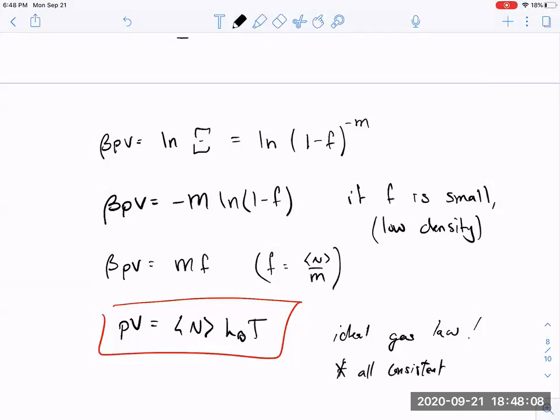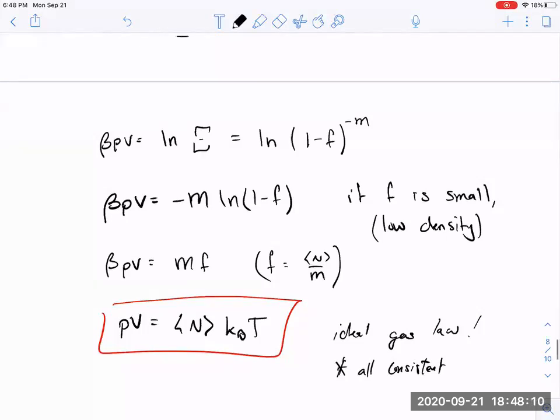Doing things here with fluctuating particle number, we still get the same results. Again, in the macroscopic limit, where the average value of n is expressible as the macroscopic n, namely that fluctuations are sufficiently small that we can neglect them.